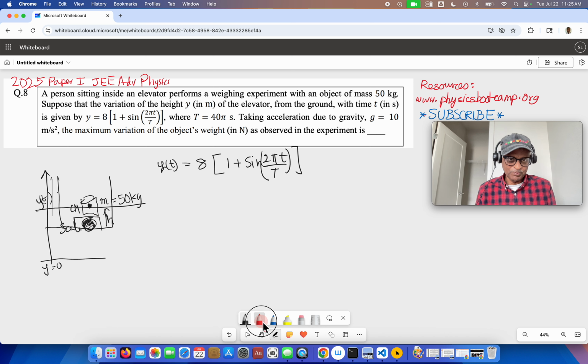All right, so what scale reads is the force on the scale, right? But then on the block there's an equal force over there, and so the scale reads this reaction force, the normal. So this is the reading in the scale.